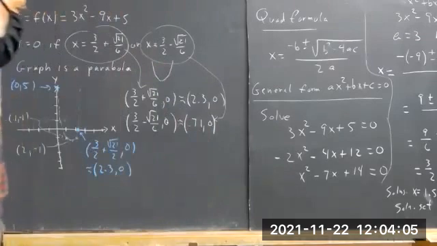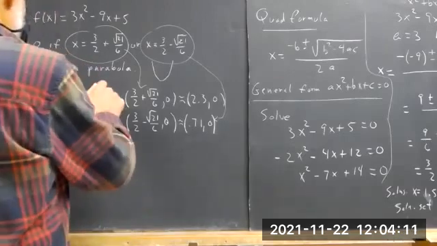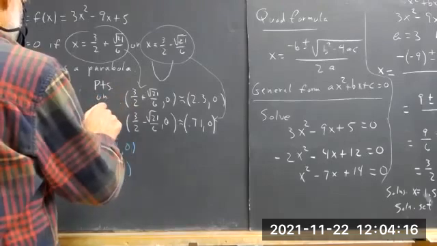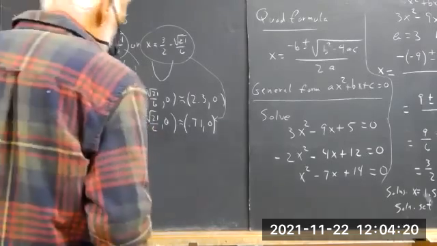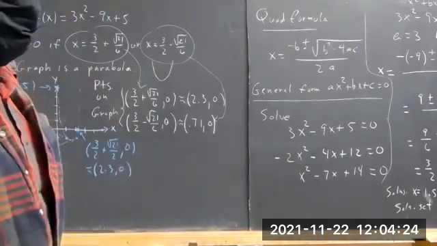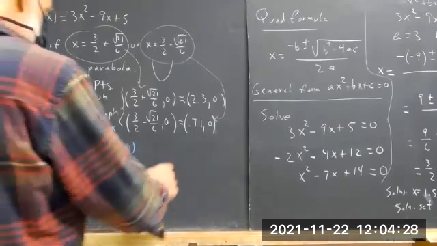And you can get 0.71. So these are points on the graph. These points are called the x-intercepts. That's convenient if you remember that terminology.